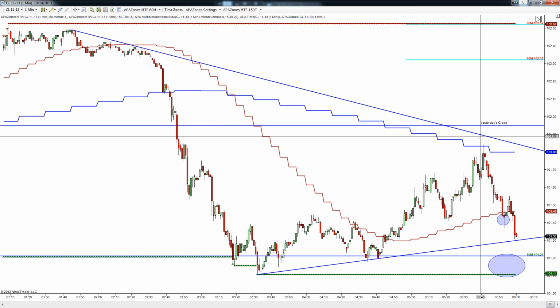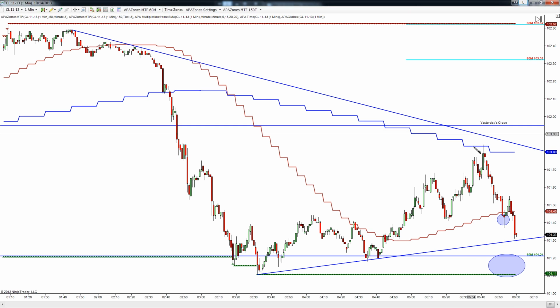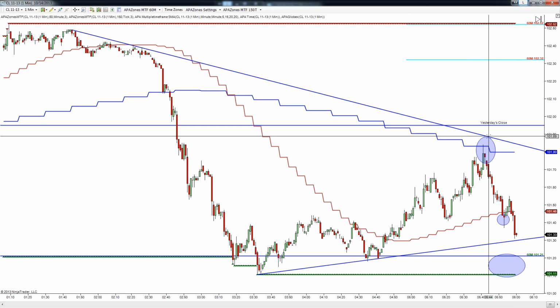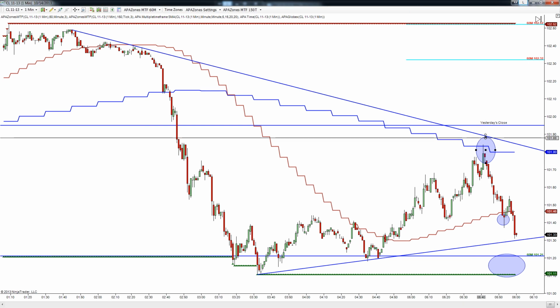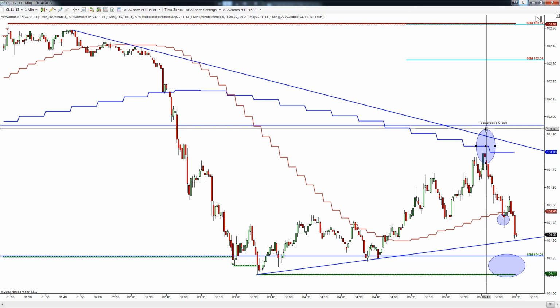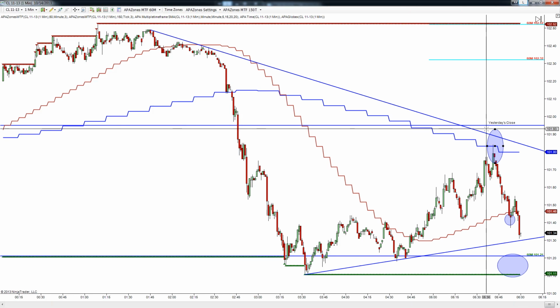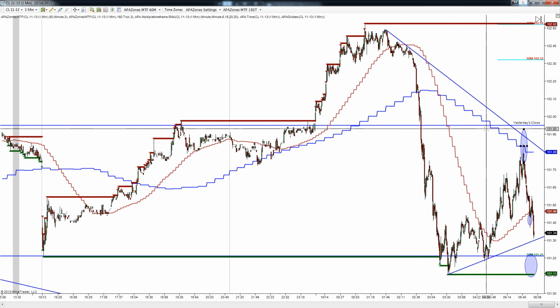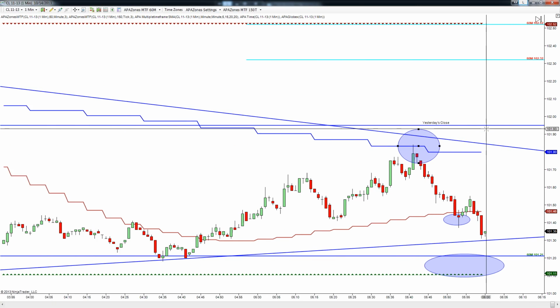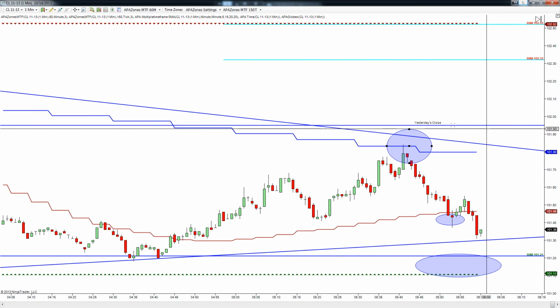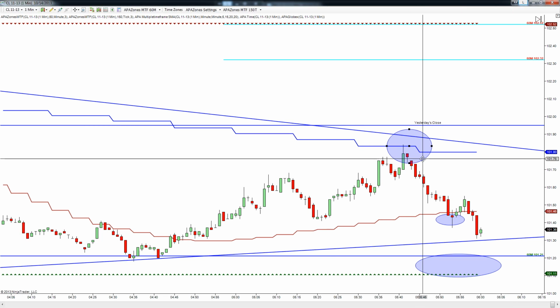Okay, this thing's back now. I'd like to say that this bounce right up here is actually the third bounce off of some type of trend line that I drew right there. But I don't know that for sure. It's a little too much leeway there, perhaps.